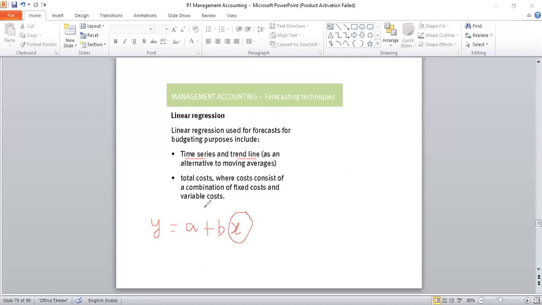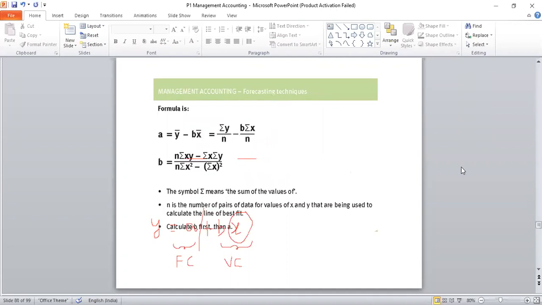So when we split this into two parts, the first part indicates the fixed cost. The second part indicates the variable component, because the second part keeps changing whenever the value of x keeps changing. Therefore, the forecasting will be taken up with the regression equation y is equal to a plus bx. How do we find out what a and b are?